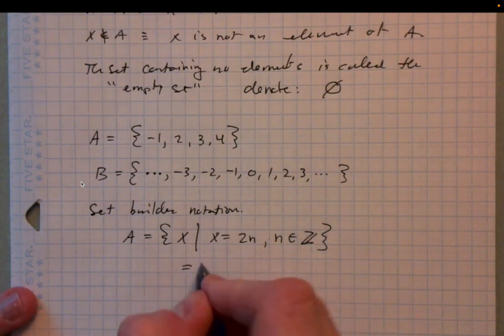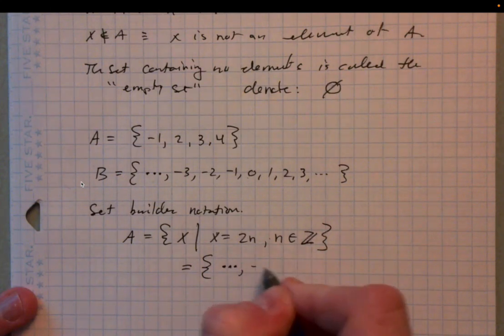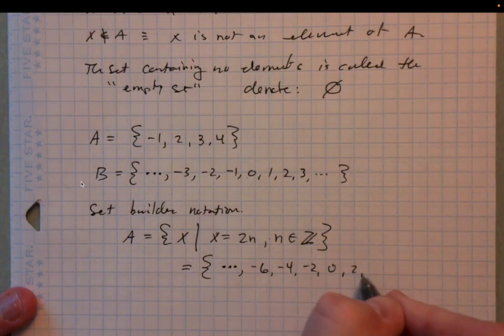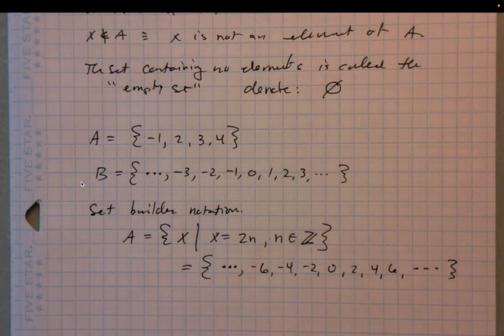Of course, this would be equal to the set {..., -6, -4, -2, 0, 2, 4, 6, ...}. So two ways of writing the same thing there.